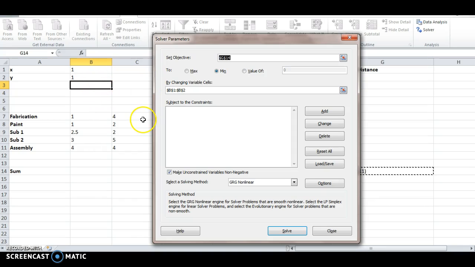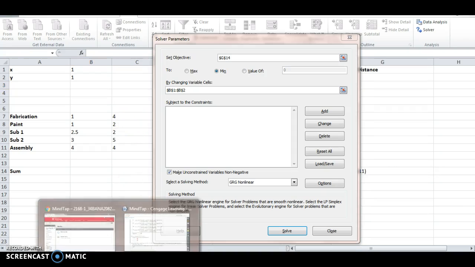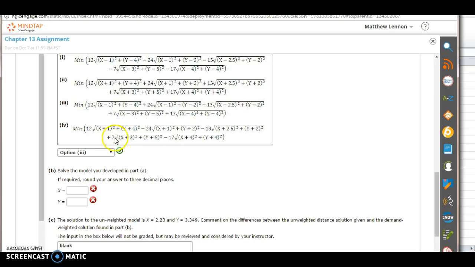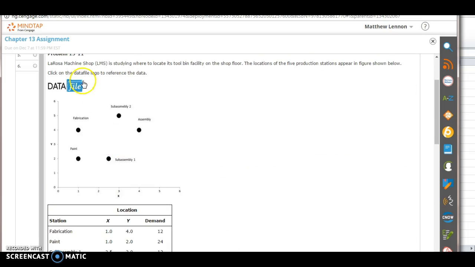The one thing I will tell you is there's nothing in the problem on MindTap, for instance, that says that in this picture, these are walls of the building or the work floor. So for that reason, I chose to allow the unconstrained variables to be negative.